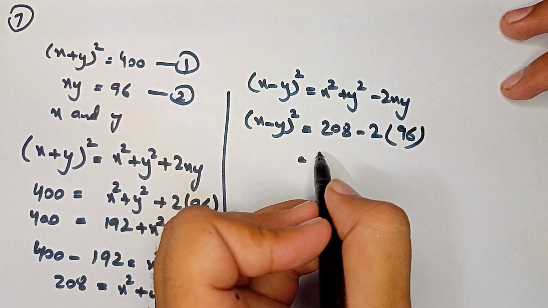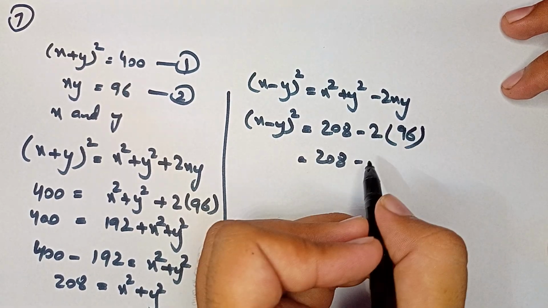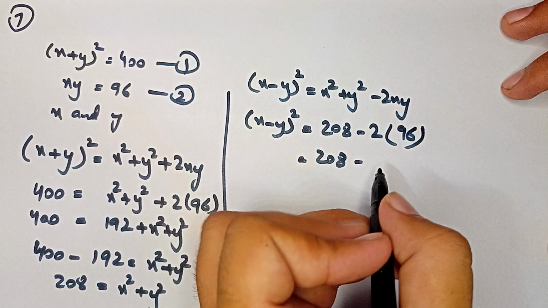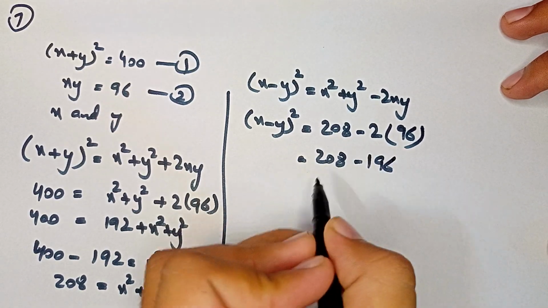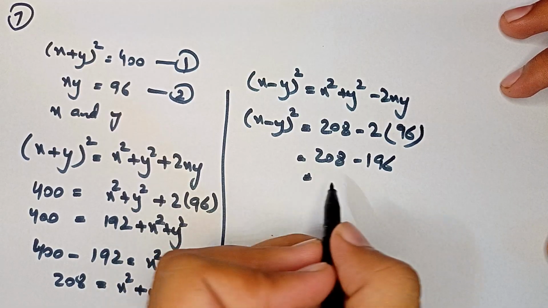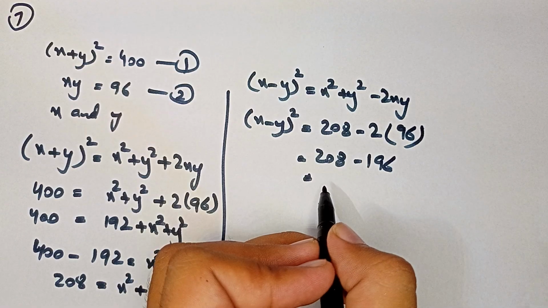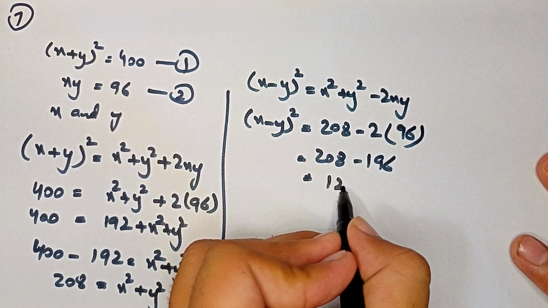Then 208 as it is, 2 multiplied by 96 is 192, both are subtracted from each other, then we get 12.